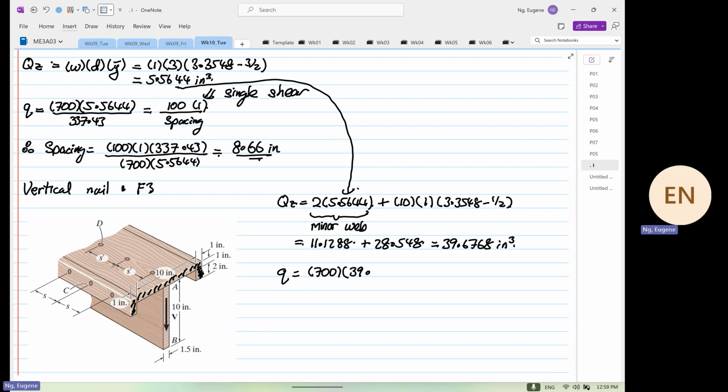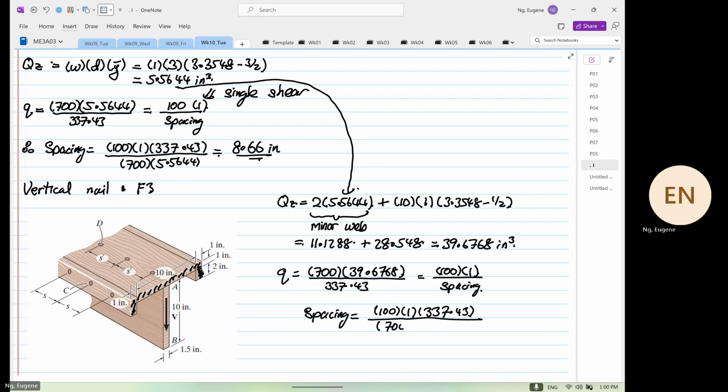Okay, so again, we go for Q is equal to 700 multiplied by 39.6768. And then we're going to divide this by 337.43. That is our I. 100 multiplied by 1 because of single shear. And then this is our spacing. So our spacing will become 100 multiplied by 1 multiplied by 337.43, and then we're going to divide by 700 and then 39.6768.